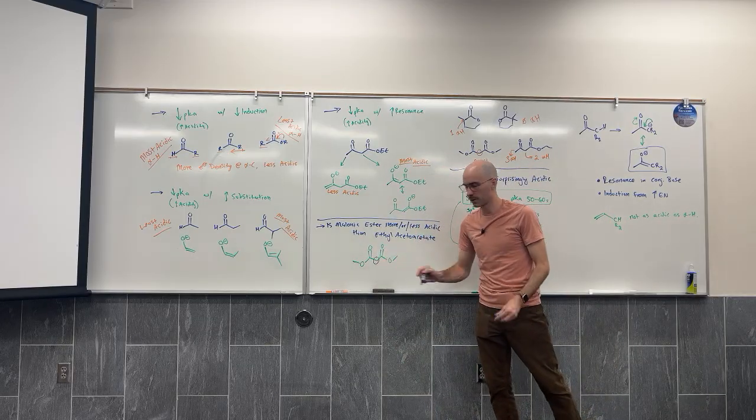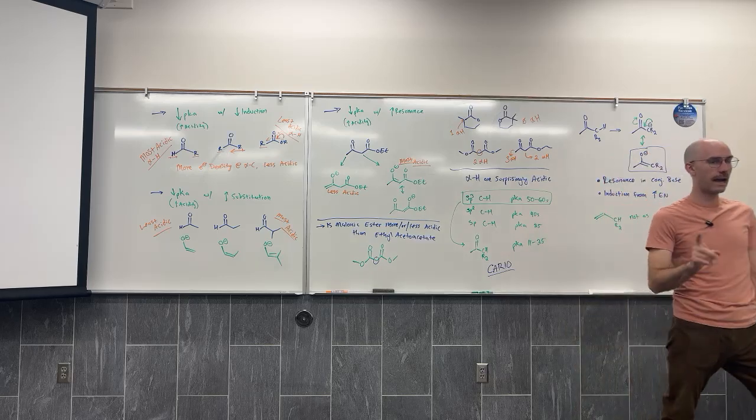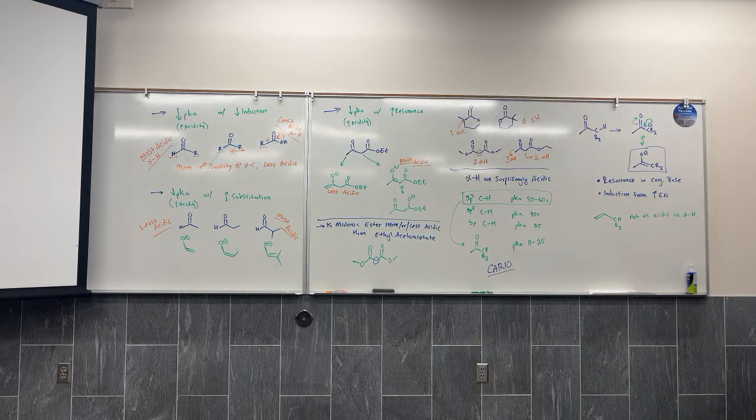Methyl malonic ester only has one alpha position. We know the most acidic position of ethyl acetoacetate is the shared alpha position. We know the most acidic position of malonic ester is the alpha position. What's more acidic? That shared alpha position of malonic ester or that shared alpha position of ethyl acetoacetate?